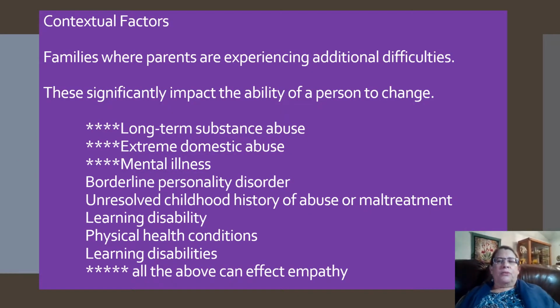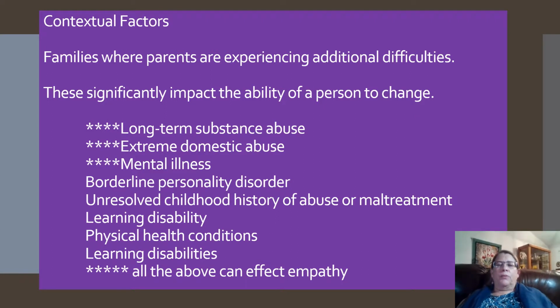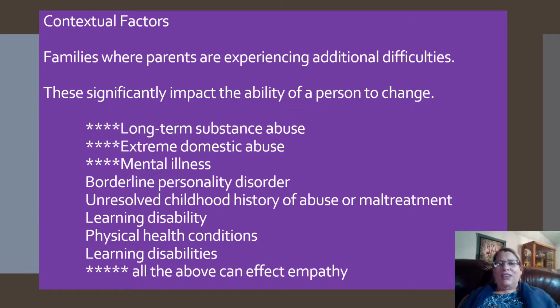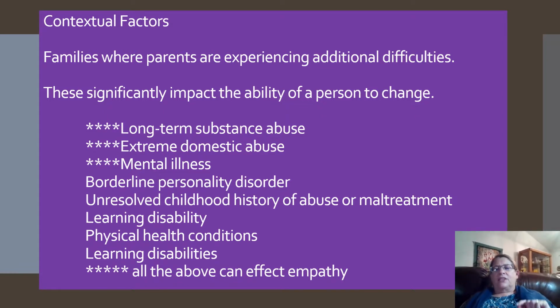Now, the contextual factors that we really want to pay attention to, if you're working on a Child Protective Service case, significantly impact the ability of a person to change. So you have to take very special close notice of these. The ones with a lot of asterisks give a very gloomy picture of this parent's ability to change.